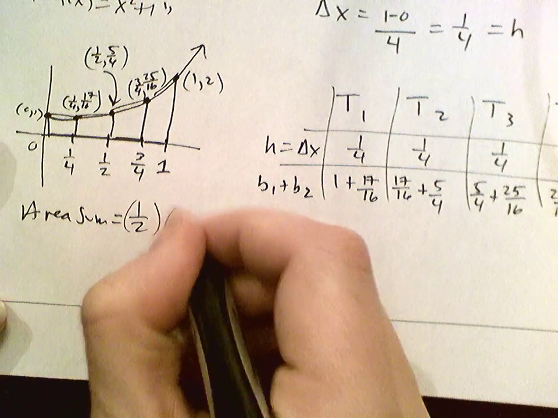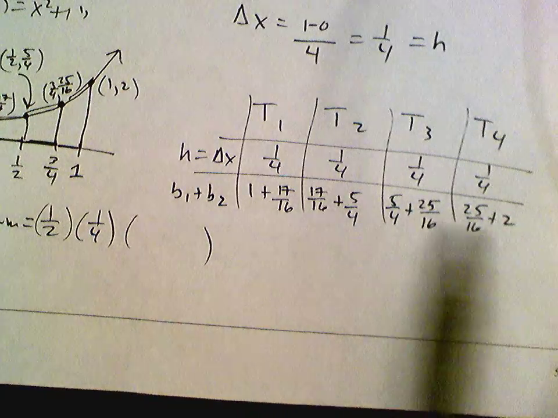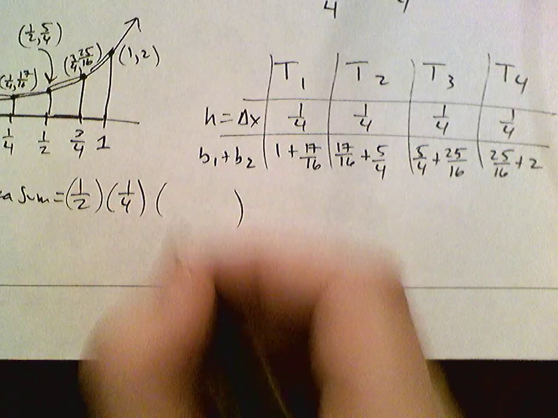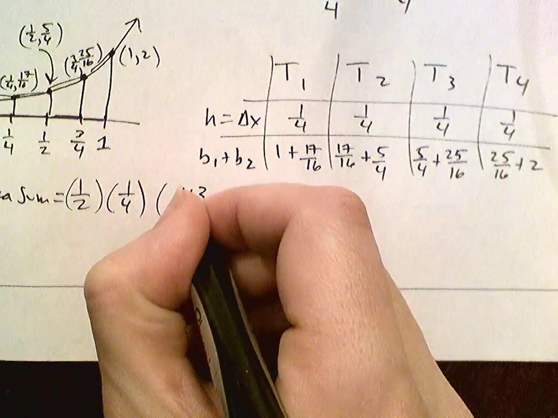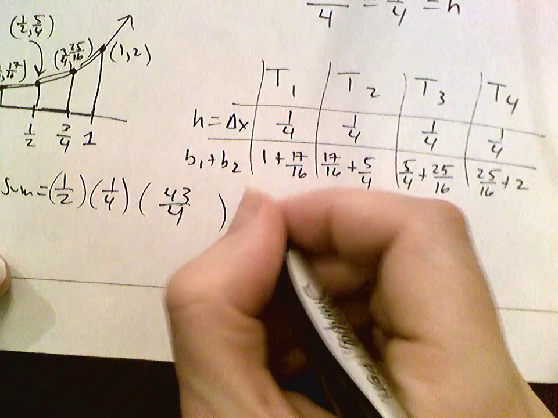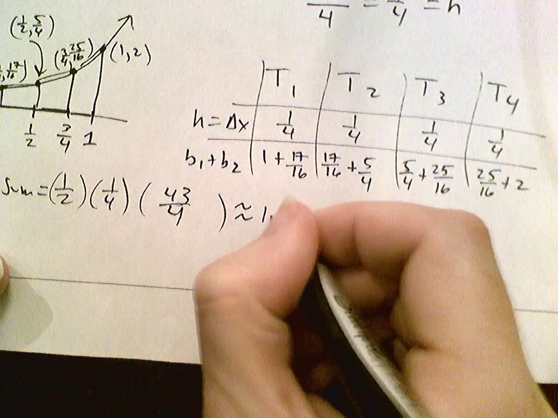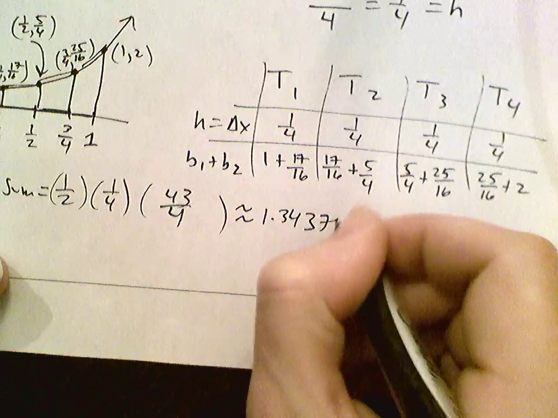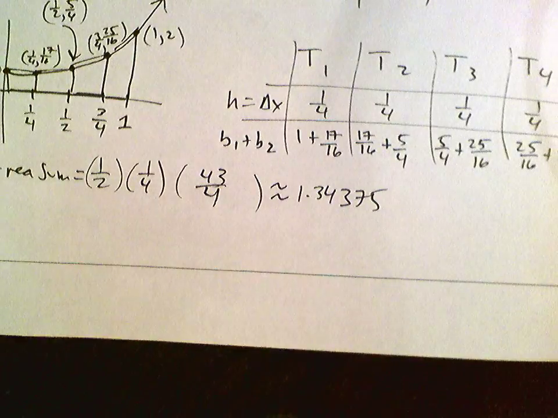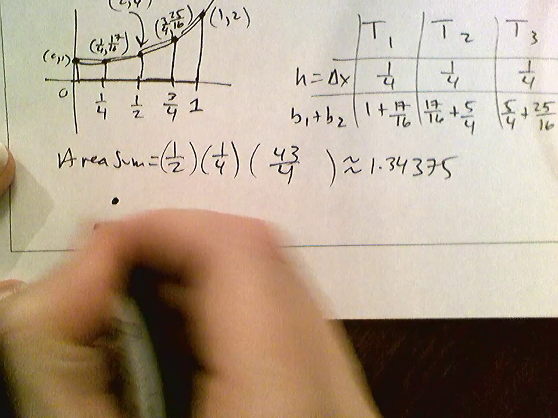So we'll have 1/2 times 1/4, and then add all of the base 1s plus base 2s up. I did it already. I got 43 over 4. And then when you do this out, you get approximately 1.34375. All right, so now let's just practice with our language, our written language of calculus.